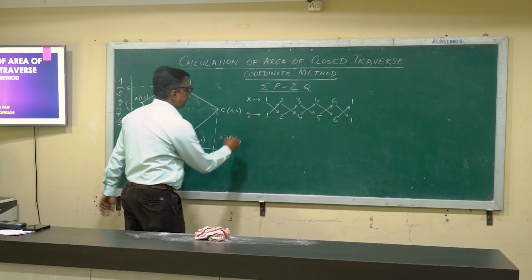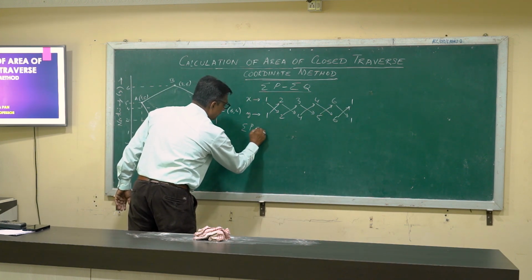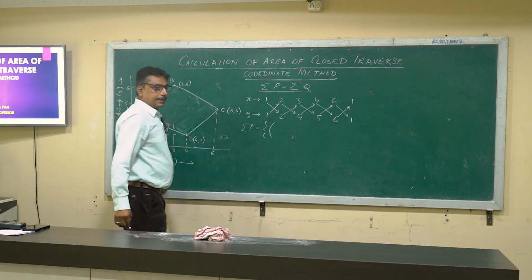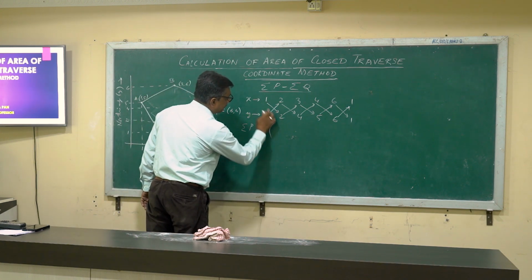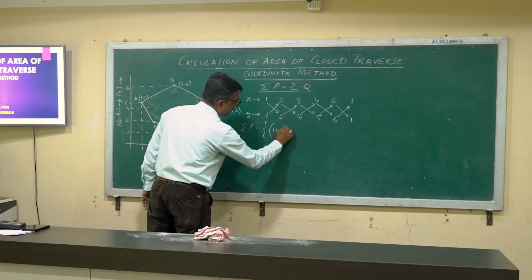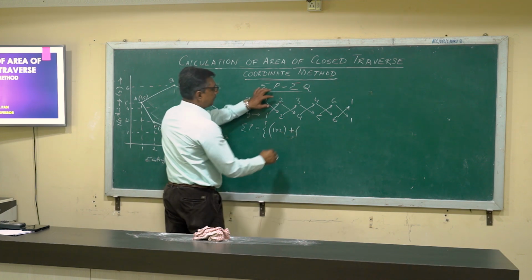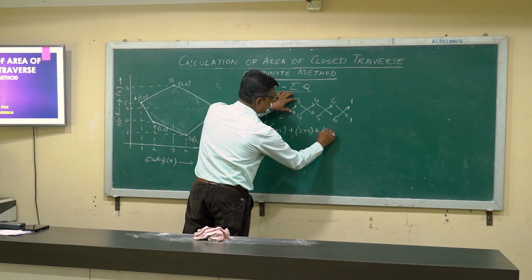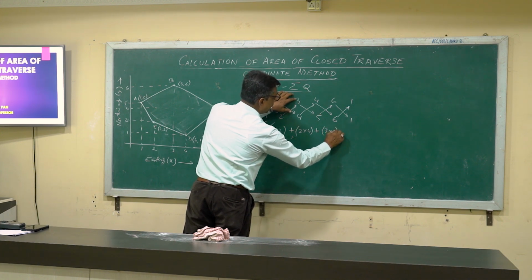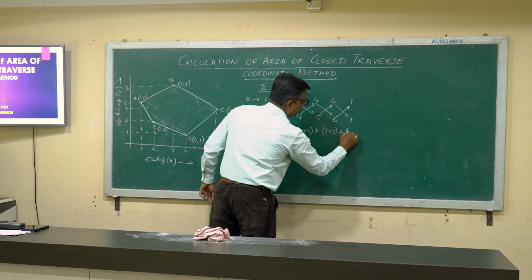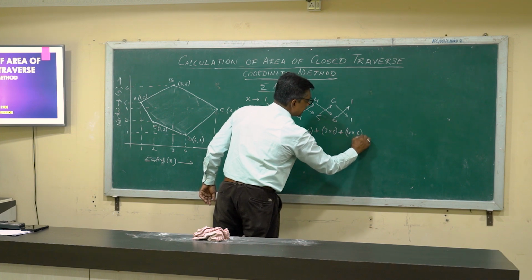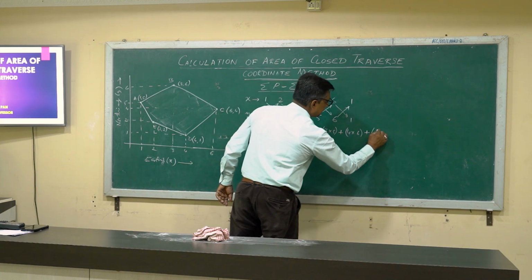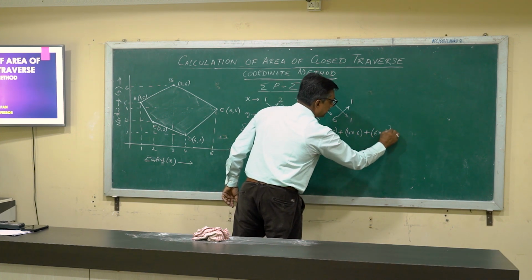Now summation P is equal to 1 times 2 plus 2 times 4 plus 3 times 5 plus 4 times 6 and finally 6 times 1.